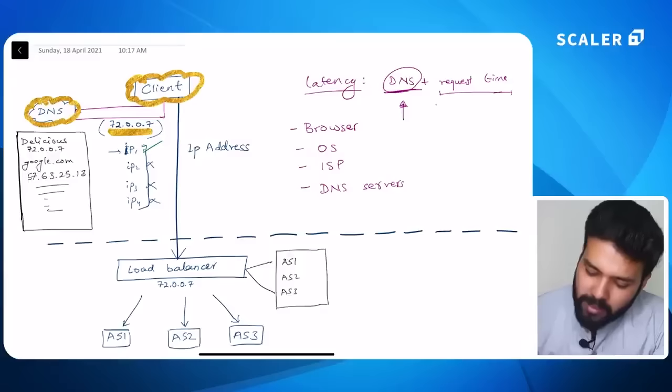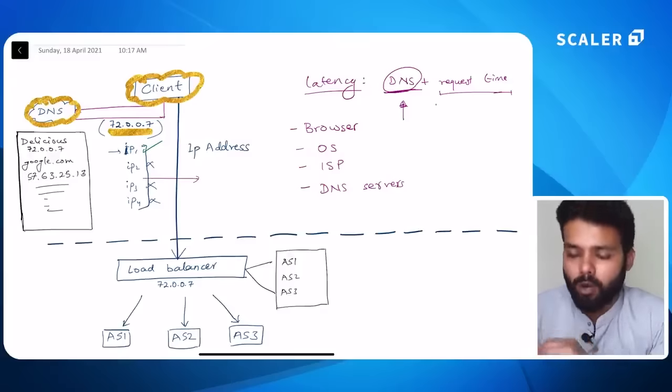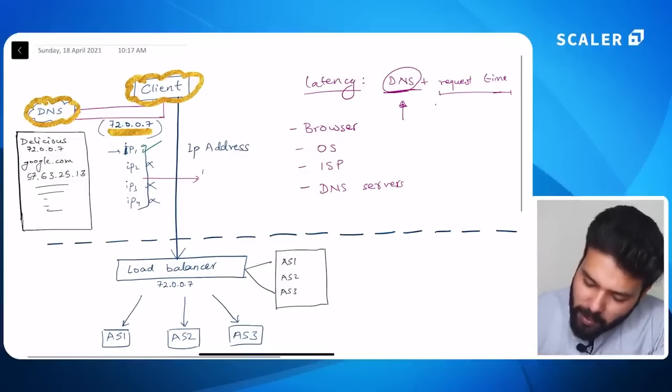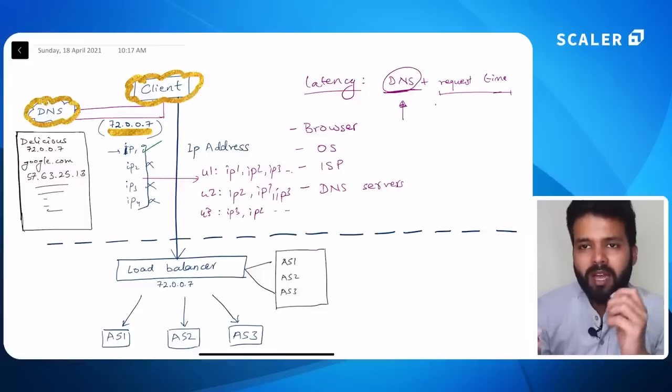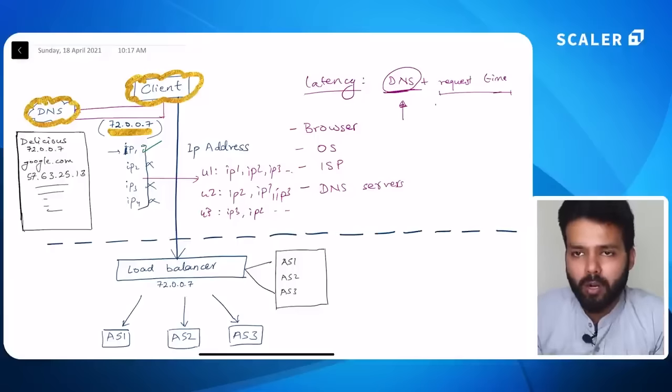What DNS does is, instead of returning the list like this, they return the list in a shuffled order, meaning that it is very much possible that user 1 gets a list like IP1, IP2, IP3 and so on. User 2 gets a slightly different order like IP2, IP1 and IP3. User 3 gets a list like IP3, IP2 and so on. This way, I have successfully distributed the load to my available instances, right?